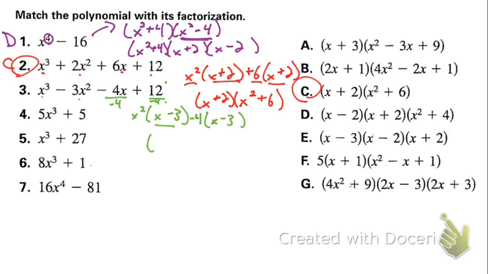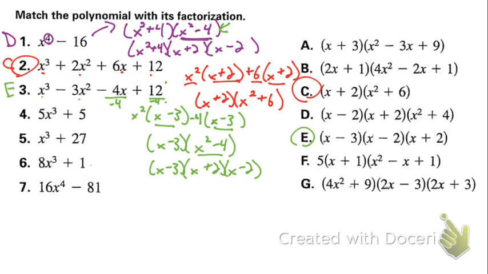So then I'm going to take out this x minus 3. I'm left with x squared minus 4, which means that can be factored just like I did right here. So the x minus 3 stays, and I have x plus 2, x minus 2. So that one matches up with E.